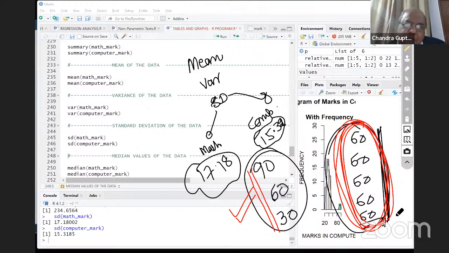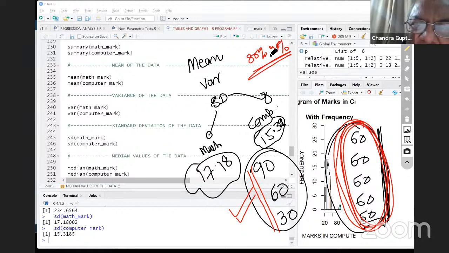And this is the problem we are facing in the online examination. Almost every student is getting in the range of 80 to 90%. Everyone. If everyone is getting 80 to 90% marks, how do I distinguish who is truly intelligent and working hard, and who is not working hard?